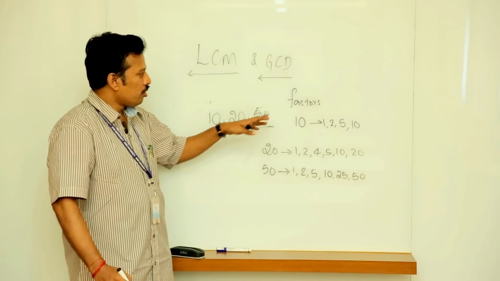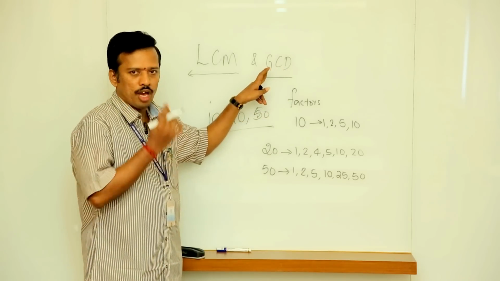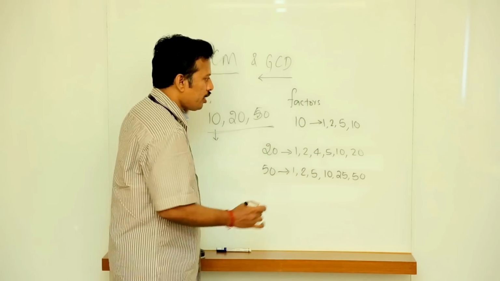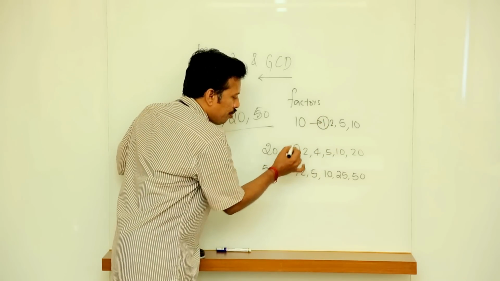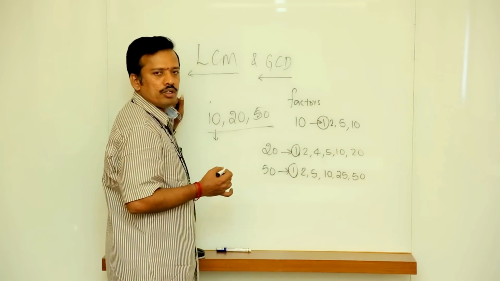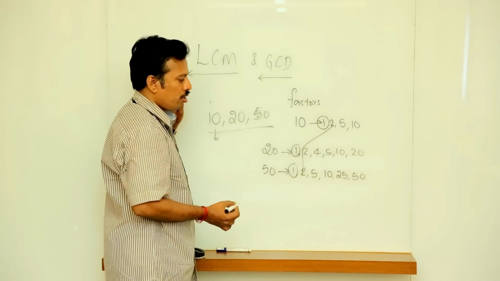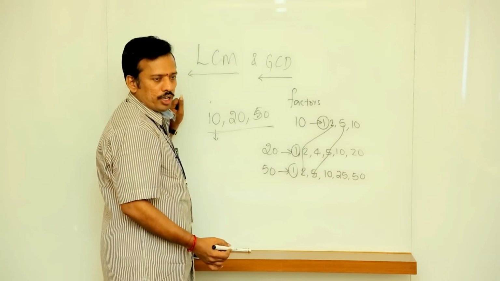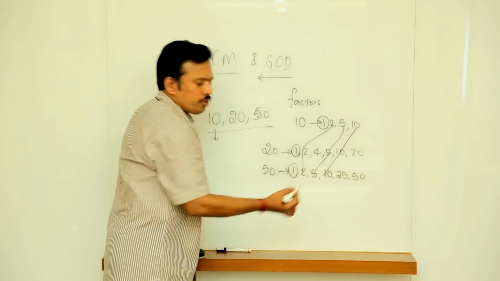As I said, we need a divisor common to all, greatest in its value. There are many divisors here among which you need to identify the common ones. 1 is a common divisor for every number in the set. Again, 2 is a common factor or divisor, then we have 5, which is also a common divisor, and then 10, which is a common divisor.